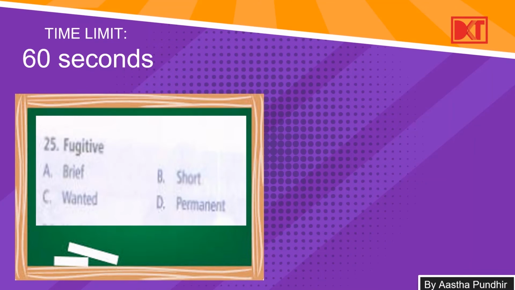Okay, so here the next word is fugitive. The options are A, brief, B, short, C, wanted, D, permanent. Now here the correct answer is D, permanent. By permanent we mean something that is constant and in a permanent state.